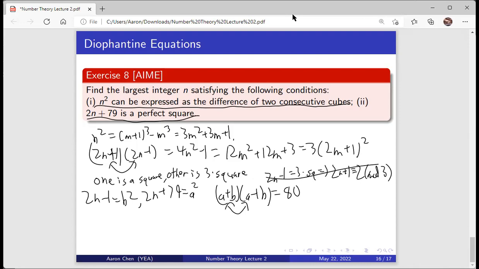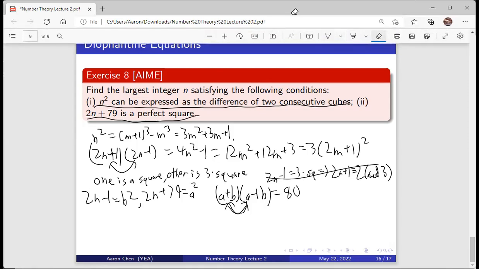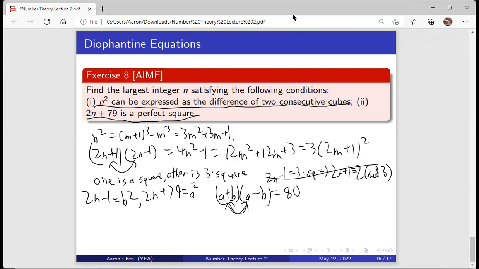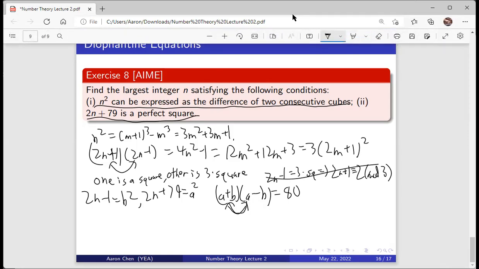So if we want to find the largest n, all we need to do is maximize the value of b, and to maximize the value of b, we just need to maximize the difference between these two factors, a plus b and a minus b.